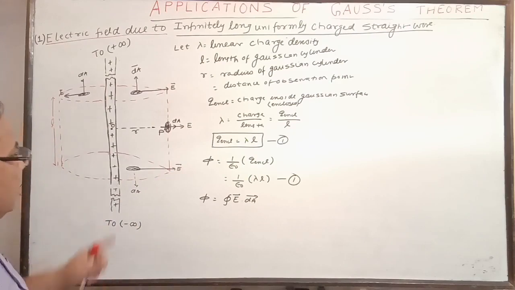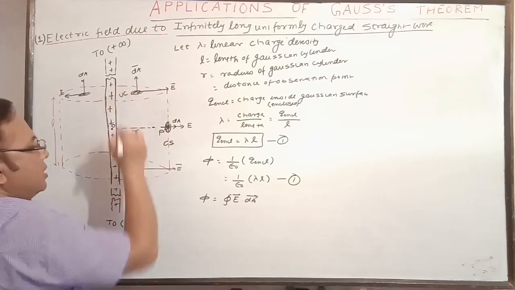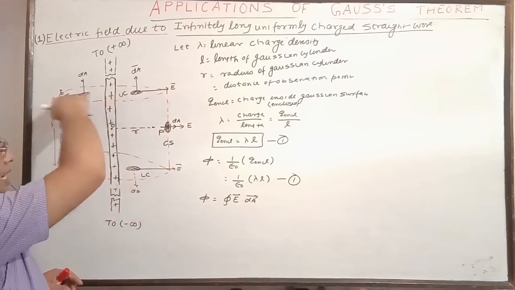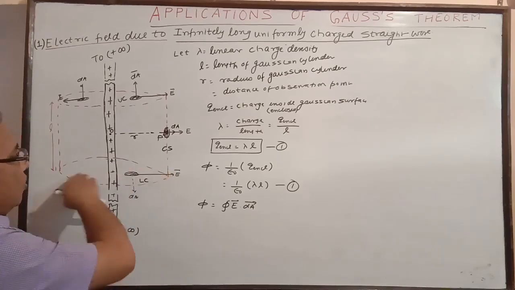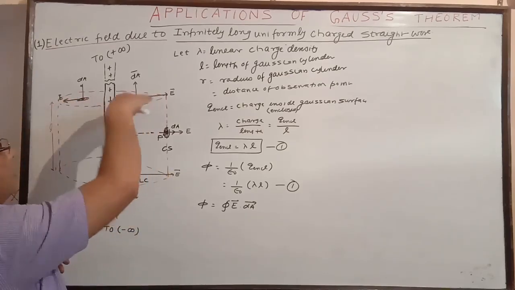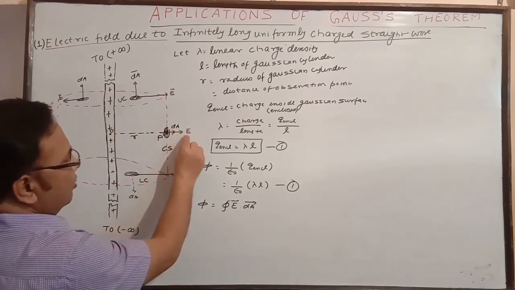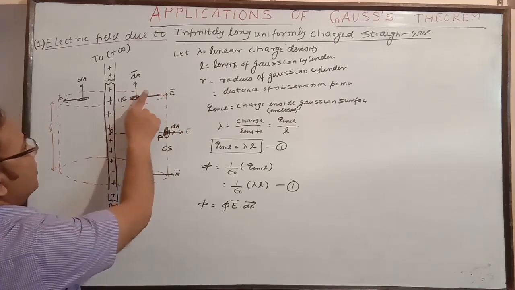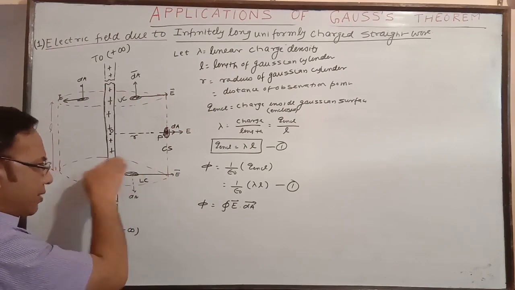So the total flux is the sum of the flux through all three surfaces: the curved surface, the upper cap, and the lower cap. First we find E dot dA for a small element and integrate over the whole surface.